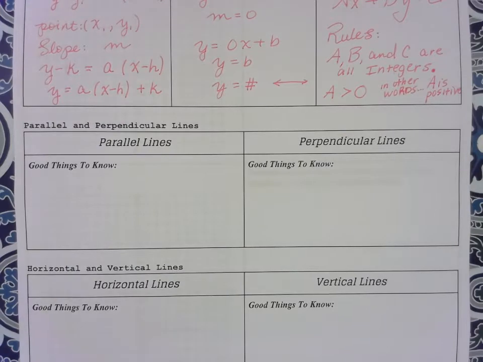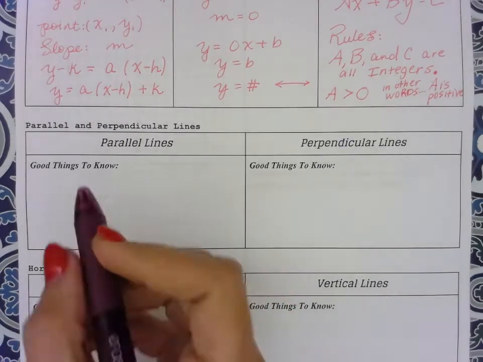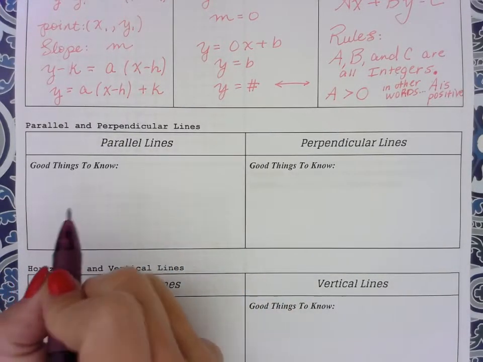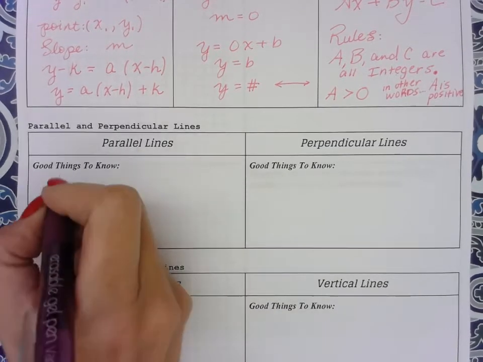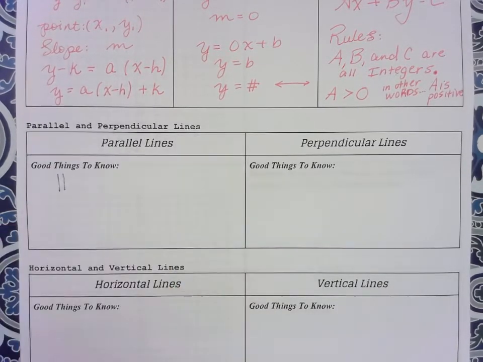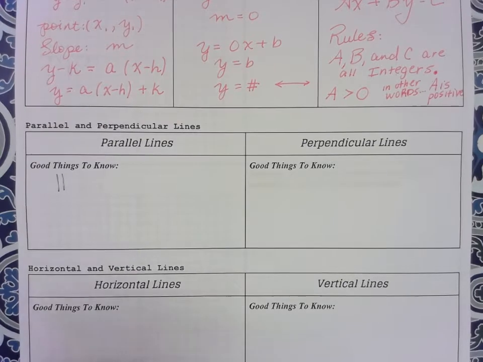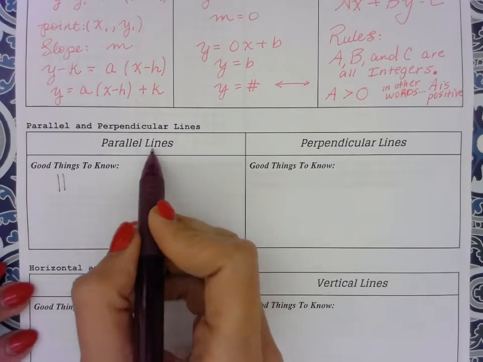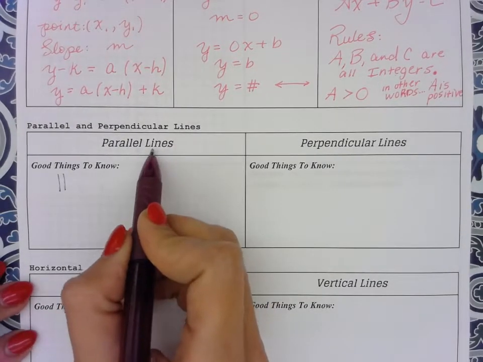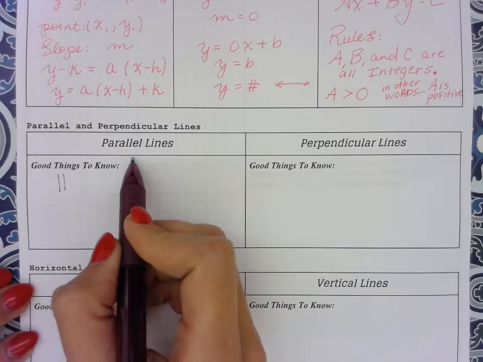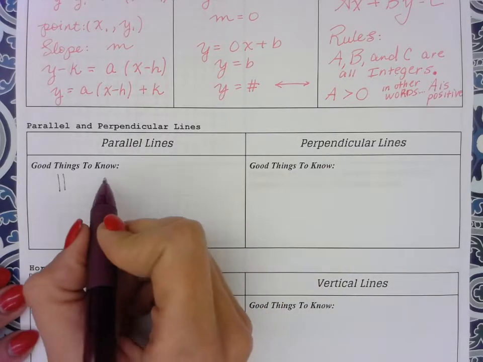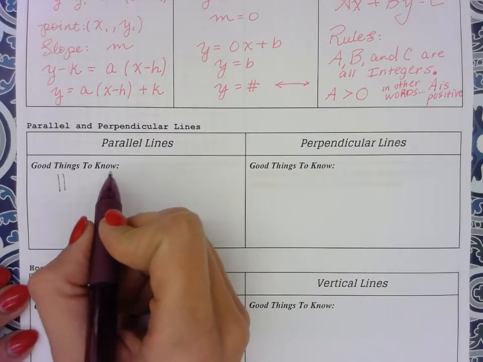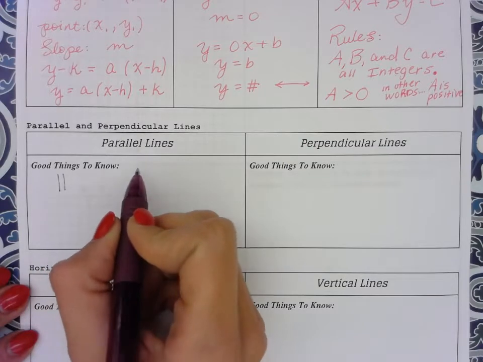Up next, we are going to just go over a little bit with parallel and perpendicular lines. Parallel lines, that's the symbol for parallel lines. Parallel lines is going to be a huge concept in geometry. When we are really talking about parallel lines in the coordinate plane, in the XY plane or Cartesian coordinate plane, you are going to be really talking about them as equations.